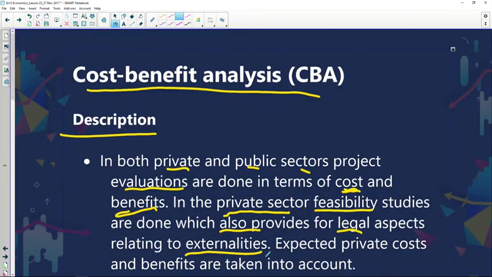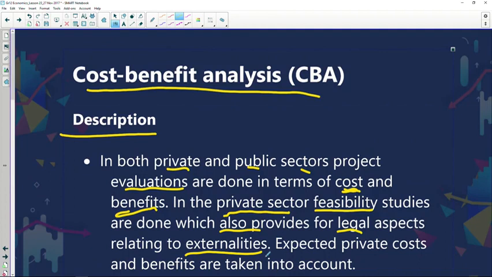Sometimes it's too expensive to develop a project, and government will need to increase the tax rates to businesses and to private households in order to have that money to develop the project. So it's important that a feasibility study is done to establish, are we in a good financial position to carry out that project.